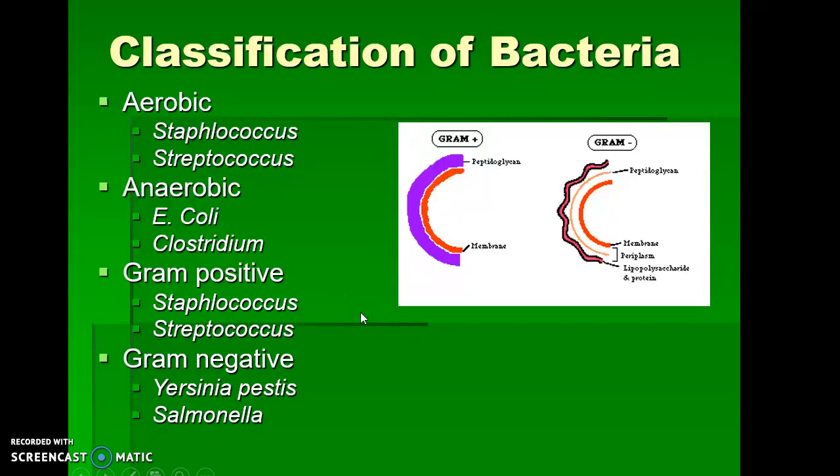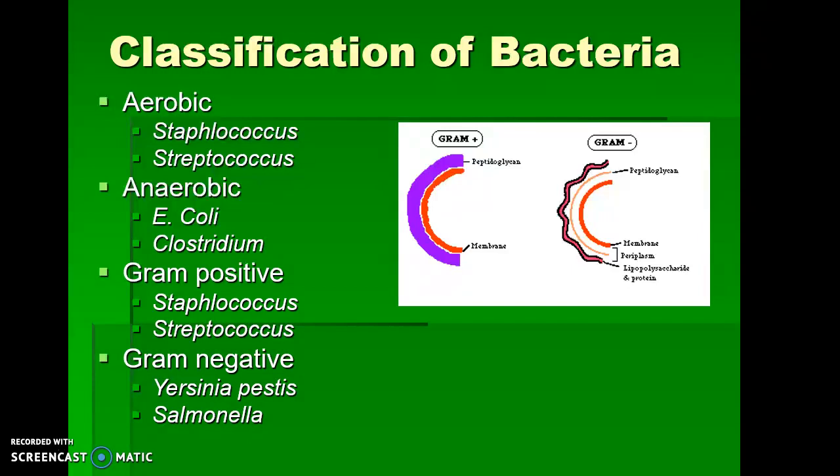And then we look at basically the cell wall itself. And we do this by means of staining a bacteria. So we may collect a little of the infection material and place it on a slide and then stain it with a Gram stain.